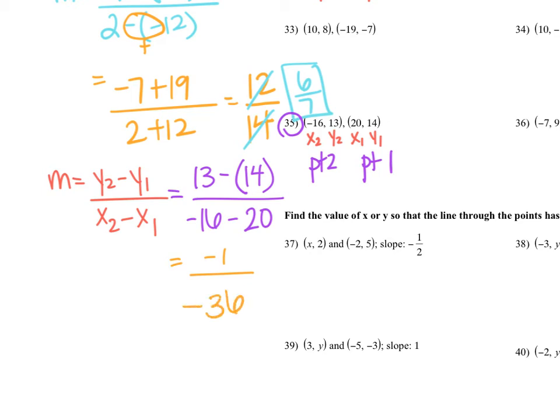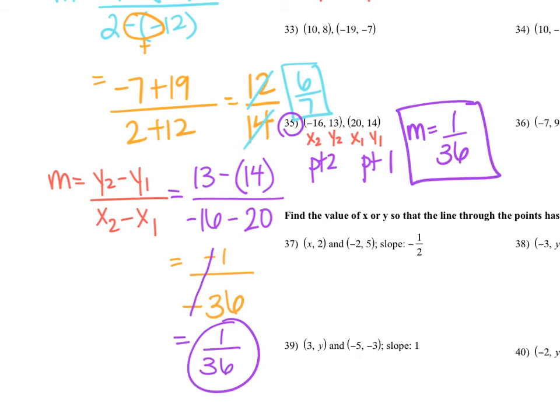And because I have two negatives, I can cross those out. So my answer is 1 over 36. And I'm going to write that over here. So m equals 1 over 36 as my slope. And I'm done.